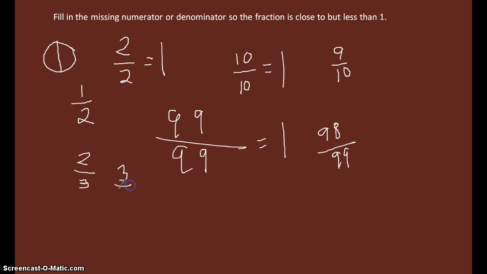Let's look at 3/4. I wouldn't say that this is very close to, but less than a whole, just because 3/4 is still too small, and that difference is huge. 25% difference is pretty big. It's like the difference in getting 100 on a test and 75% on a test.